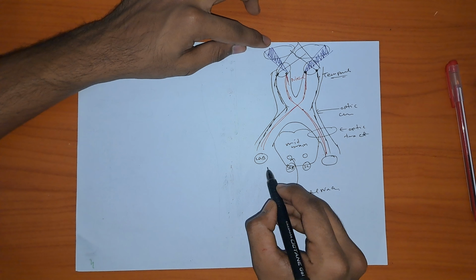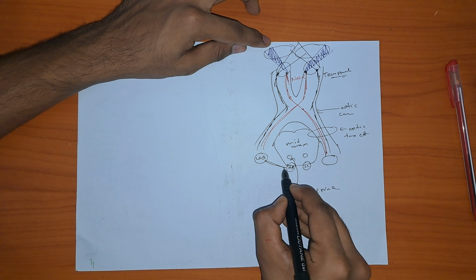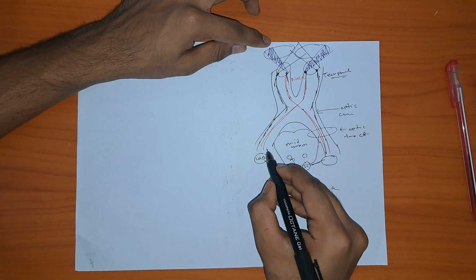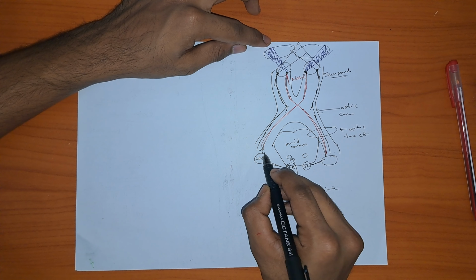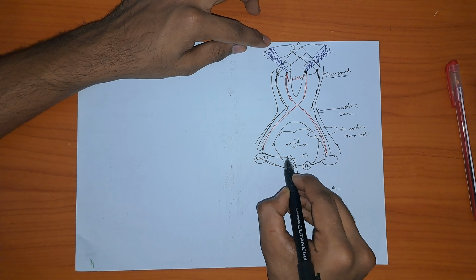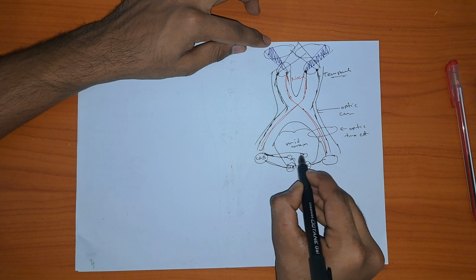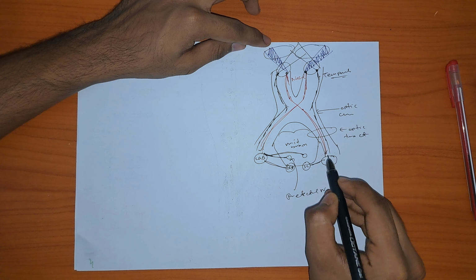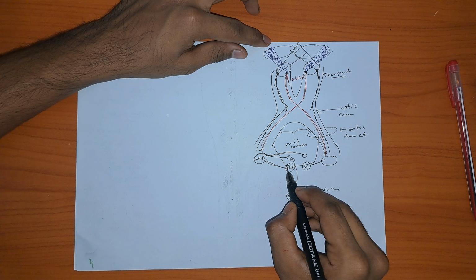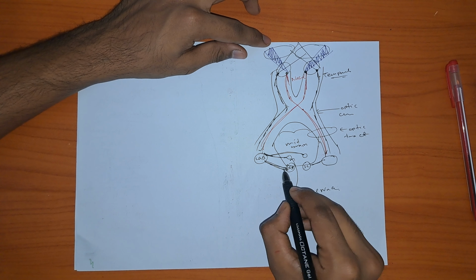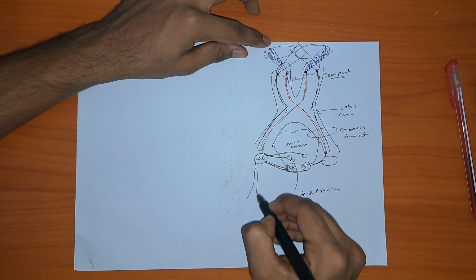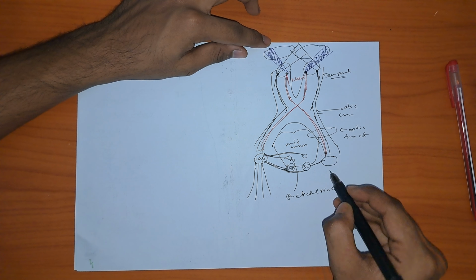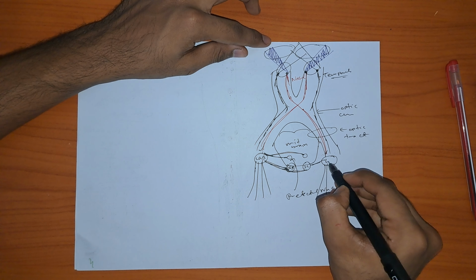The lateral geniculate body is connected medially to the superior colliculus, and some fibers also reach the pretectal nucleus, and then reach the opposite side also. Some fibers reach here and some fibers reach the opposite side, and the remaining fibers from the lateral geniculate body will form the optic radiations.